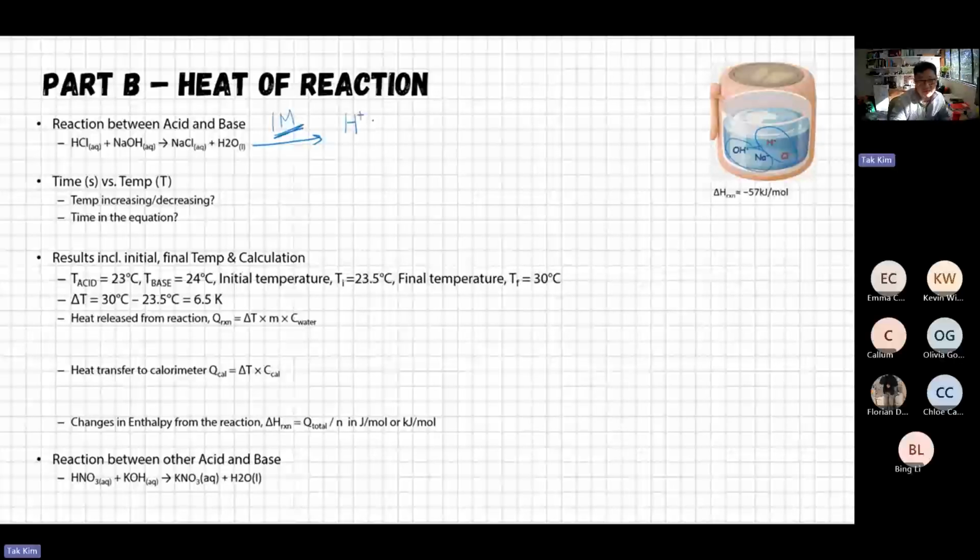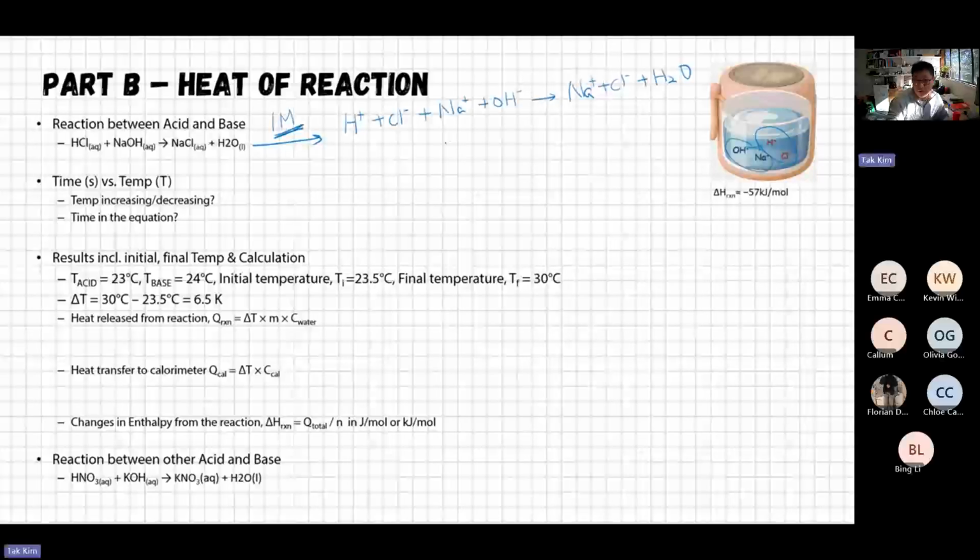So H plus, Cl minus, plus Na, no, hang on, sorry, Na plus, OH minus, forming Na plus, Cl minus, plus H2O. Right? By mixing hydrochloric acid and sodium hydroxide solution, you simply made salt water.